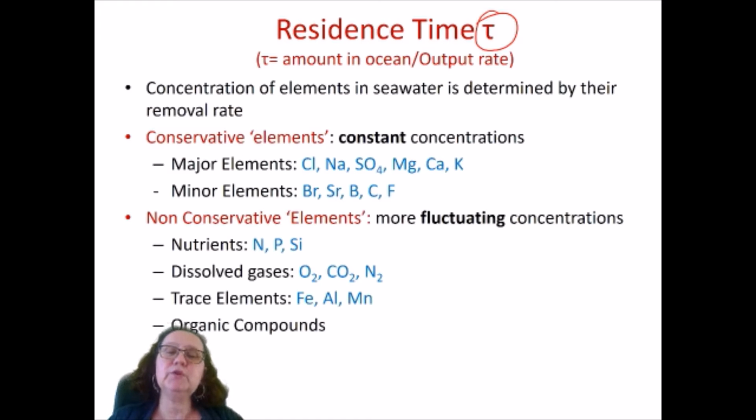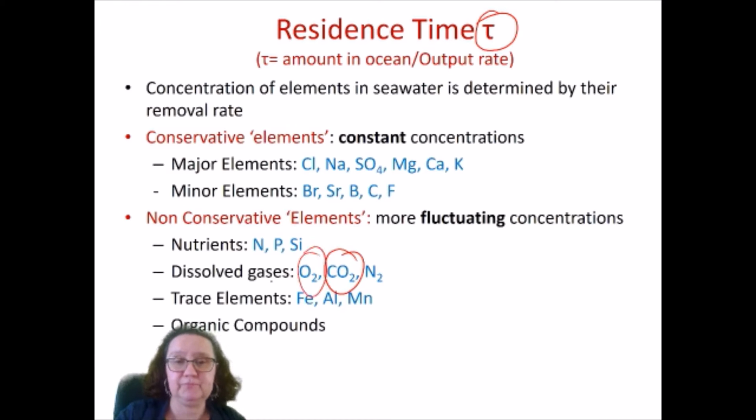And then we have what we call the non-conservative elements that have a more fluctuating concentration, although we will see it's still a very large residence time. Typically the nutrients like nitrogen or phosphorus, or dissolved gases like CO2 or oxygen, and also some trace elements and organic compounds.